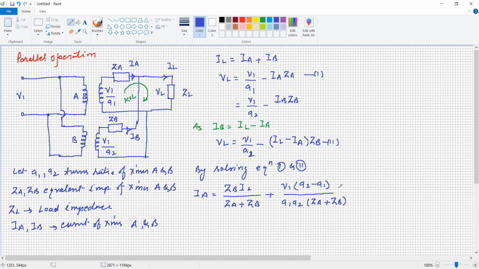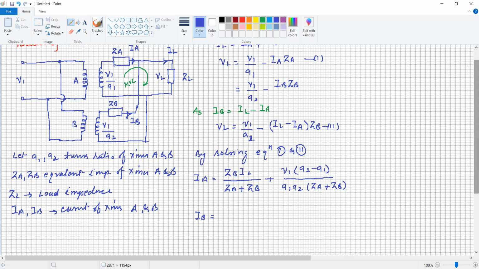Similarly, IB is equal to ZA into IL divided by ZA plus ZB, minus V1 into (A2 minus A1) divided by A1 A2 (ZA plus ZB).